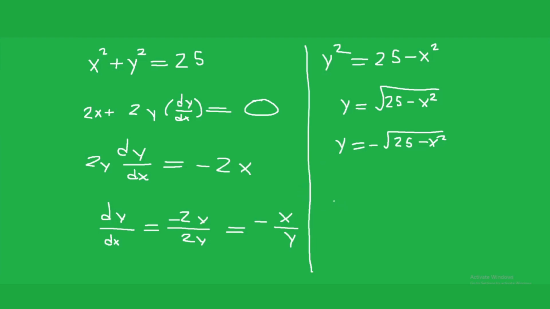Like how we use the chain rule for something like 3x plus 1 to the 17th, right? We could expand that all we want, but there's no need to. We can simply use the chain rule. So it's kind of the same idea.